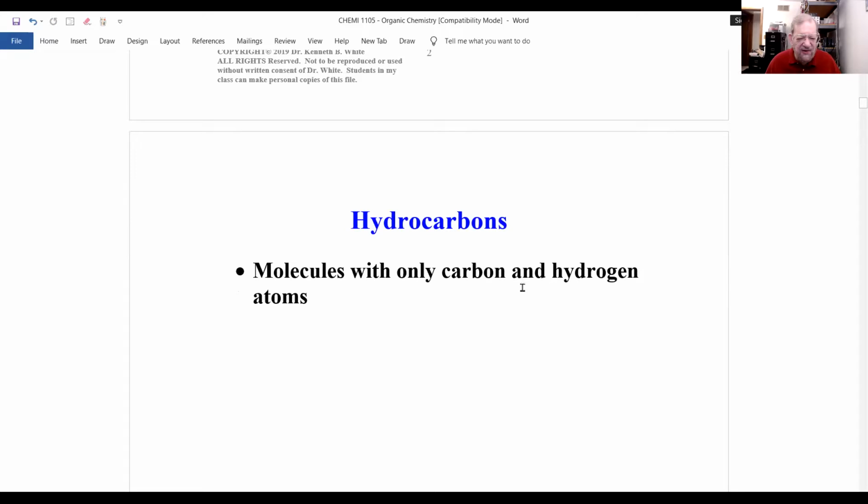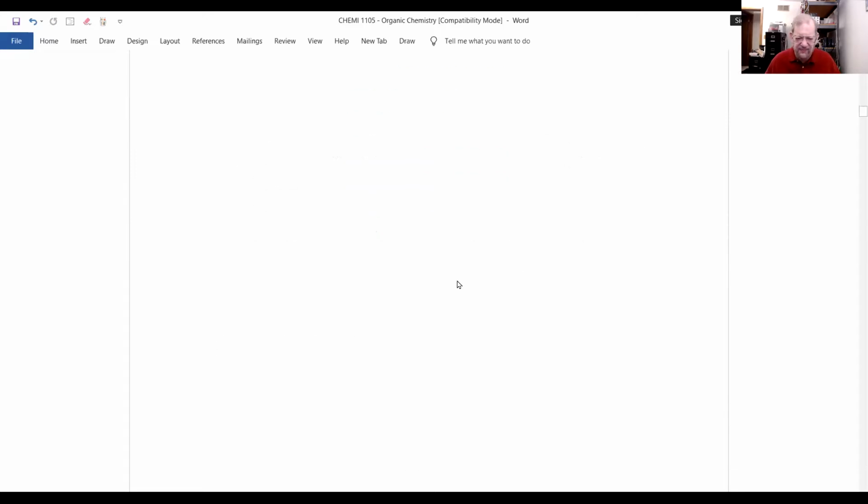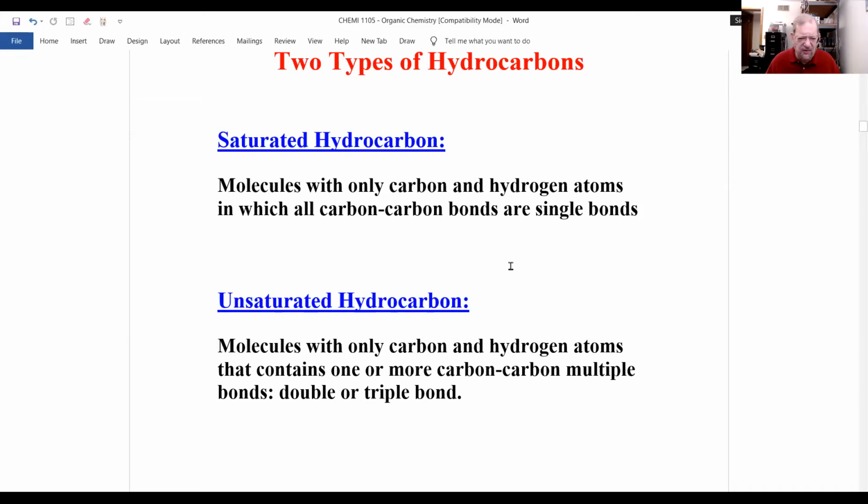When we talk about hydrocarbons, there are 2 types. One type is a saturated hydrocarbon. Since it's a hydrocarbon, it has only carbon and hydrogen atoms.